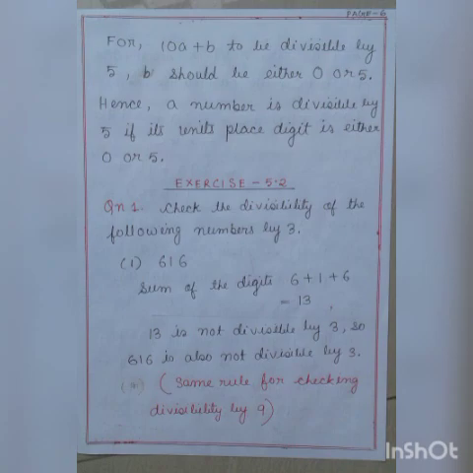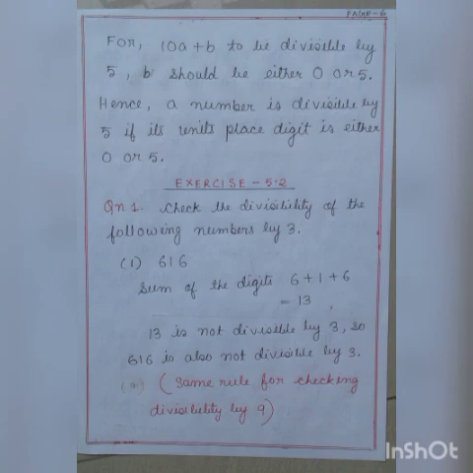So now let us do some exercises from exercise 5.2. Question number 1. Check the divisibility of the following numbers by 3. So I have picked 616. Now it is very simple. We have to just add the digits of the number.